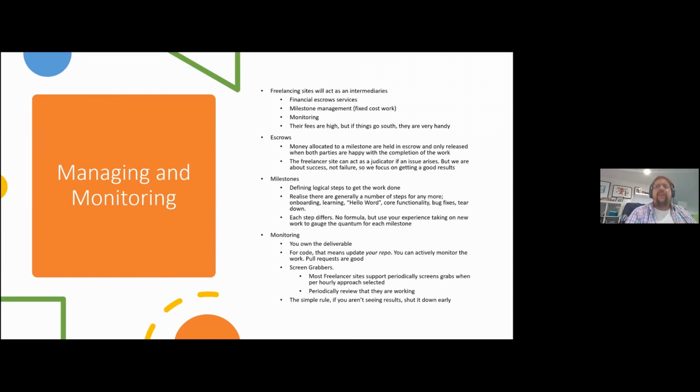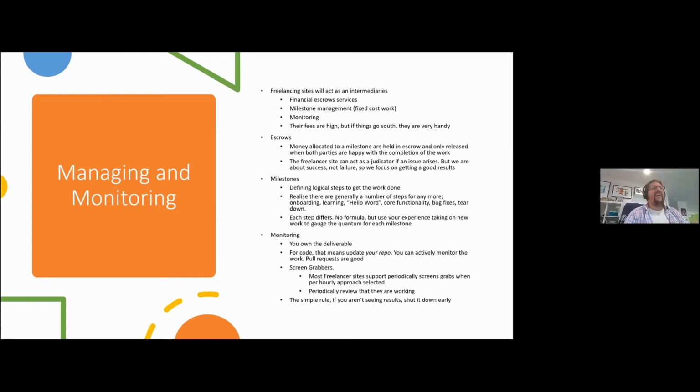Firstly, freelance sites generally provide 3 types of services that you will utilize to help with your monitoring and managing. The first one is this financial escrow service, and I'll talk a bit more around that. Essentially, the money, where does it go? The problem I have is that these escrow services are great, because they're better than you paying some dodgy PayPal account or something like that.